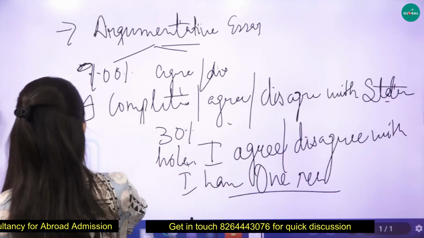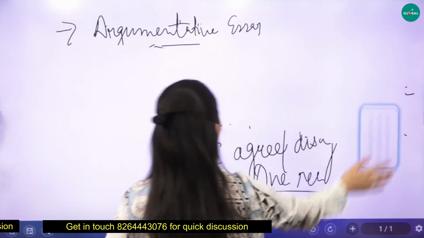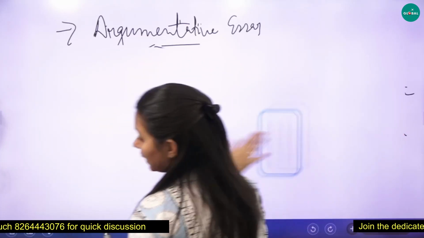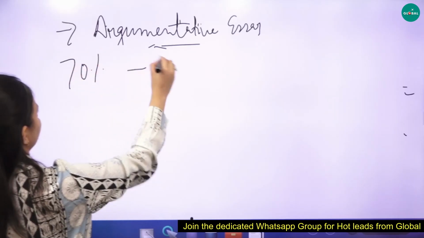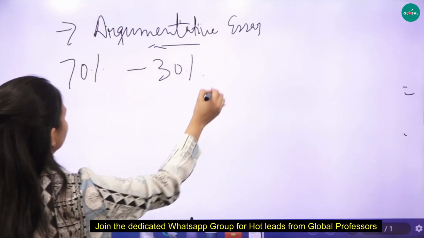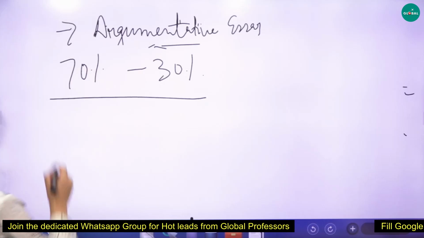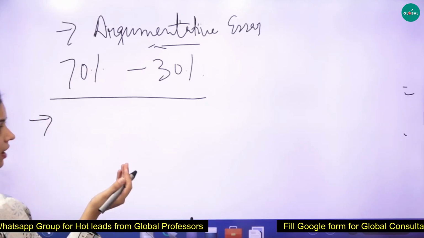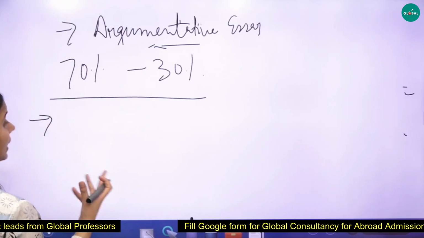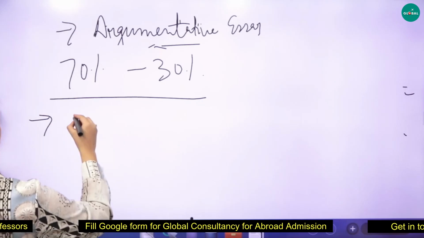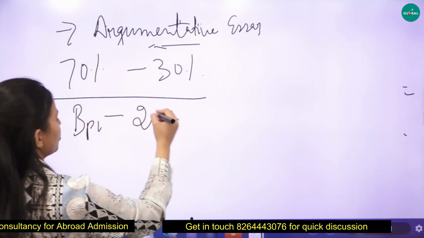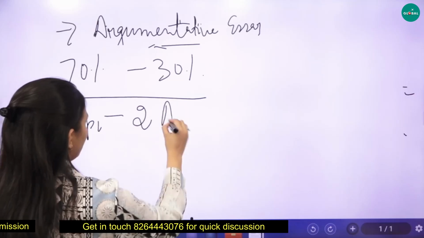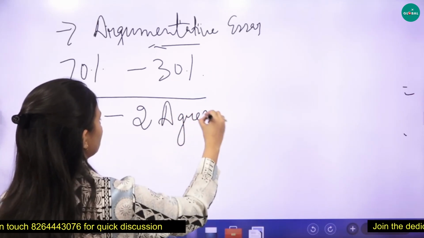Also, let me tell you how you need to write your essay while you are 70% agree and 30% disagree. Okay? So the statement I have already given to you, that is what you need to write accordingly. Then in body para 1 you have to write, let's suppose, 2 ideas of agreement. Okay? You are 70% agree.